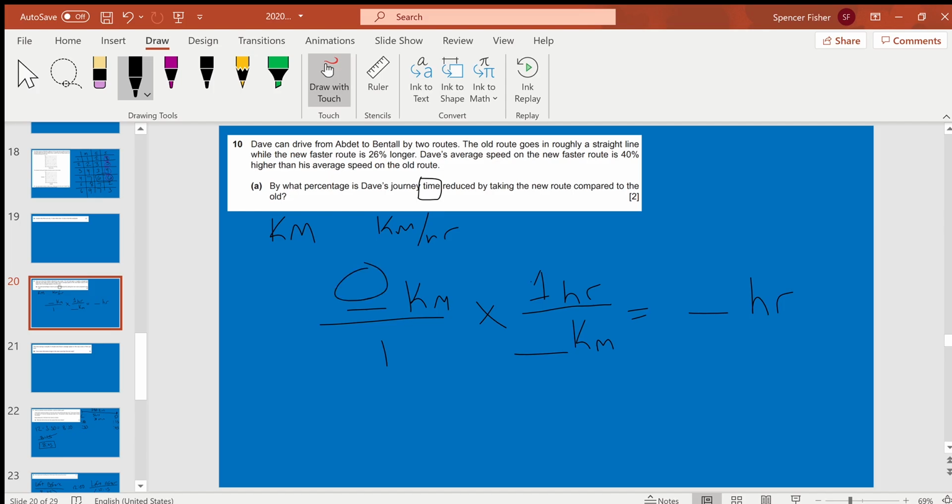First of all, this is going to be percent change in distance, and this is percent change in speed. Okay, so there's a couple of ways that we can go about determining what the percent change is going to look like from the old to the new.